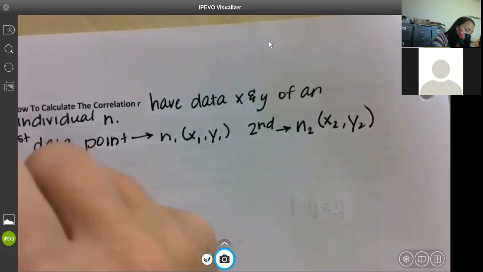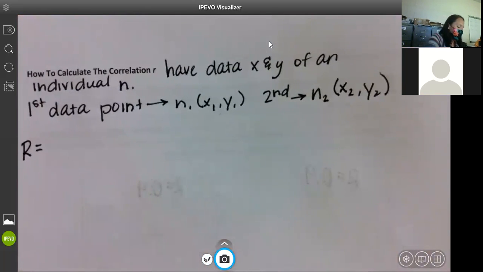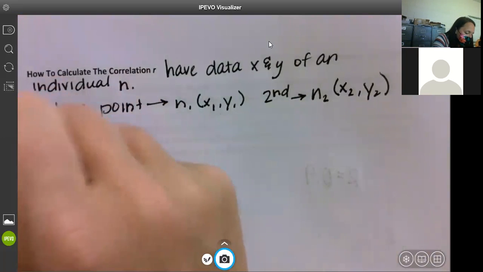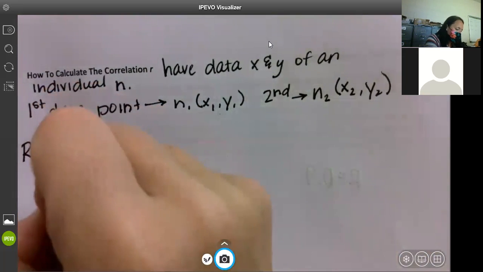All right, so to find R, this is your formula. It's a really crappy one. One over N minus one, so the number of observations minus one. Big fat bracket.